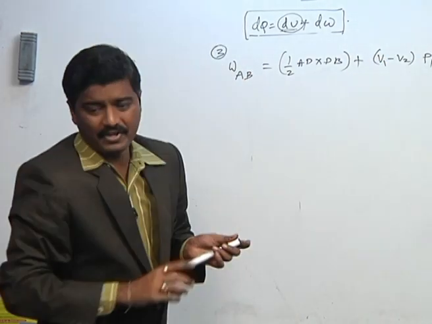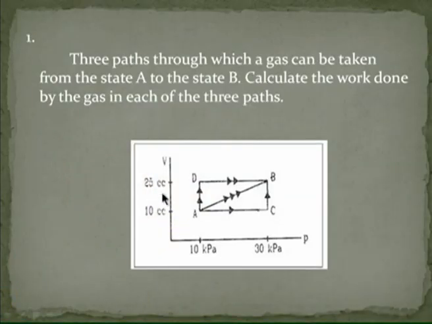So for AD, it means 25 minus 10, and for DB we are getting 30 minus 10 kilopascal, and next, for the rectangle area, 15 into 10. In this way we are going to find out the work done by each process.